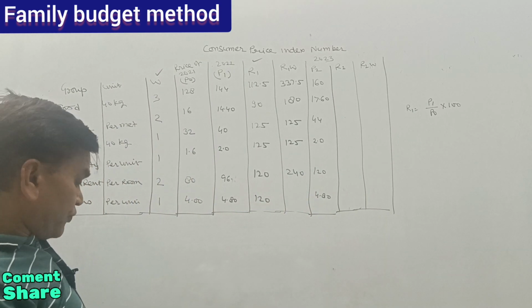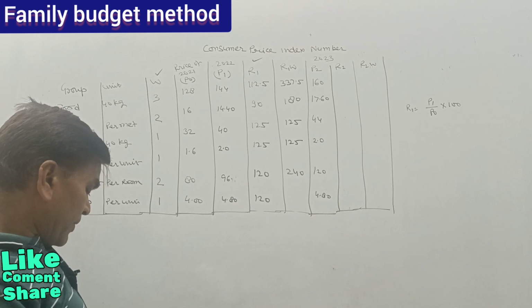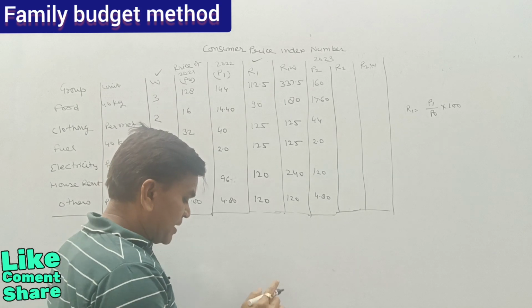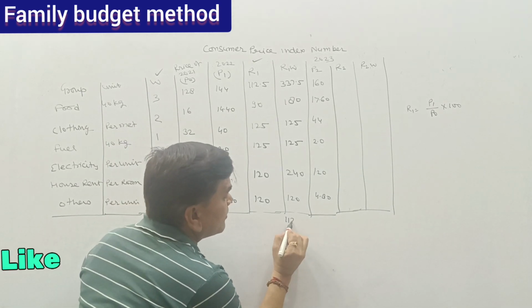And 120 multiplied by 1, that is 120. So the addition of this is 1127.5.